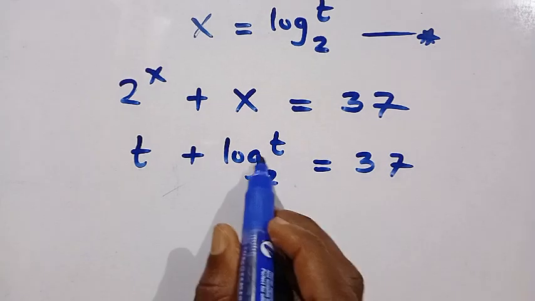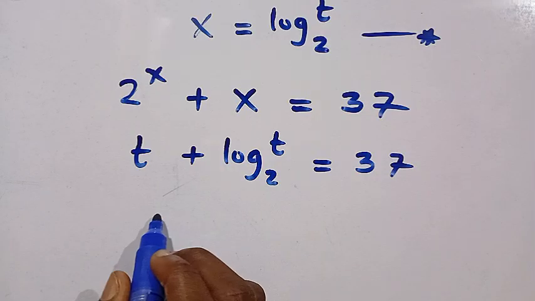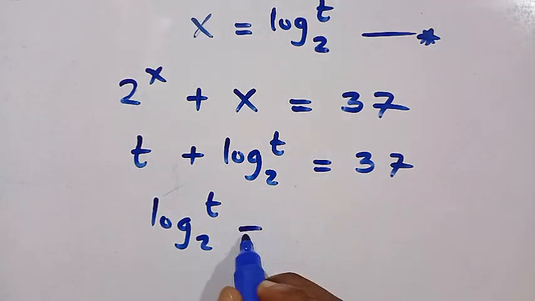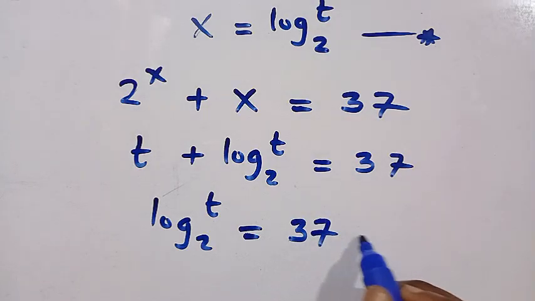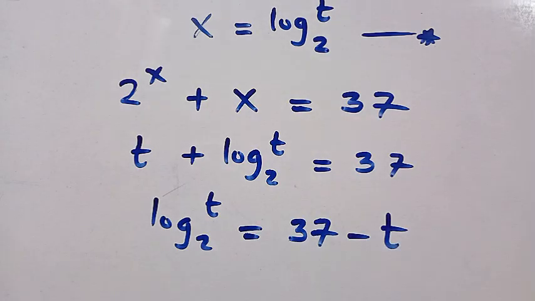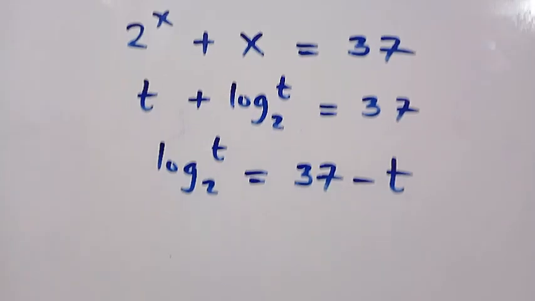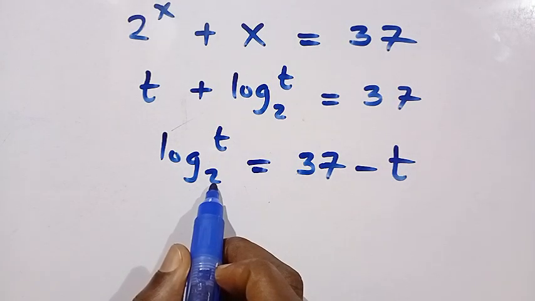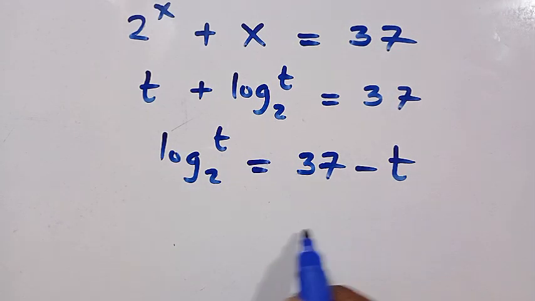Then by making log base 2 of t the subject, we transfer t to the other side. So log base 2 of t equals 37 minus t.